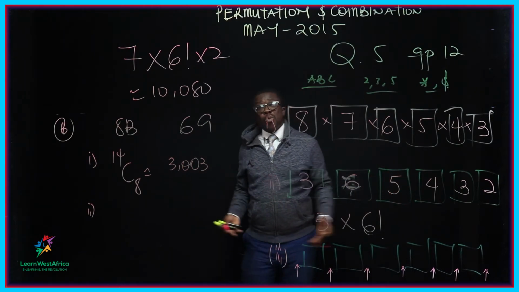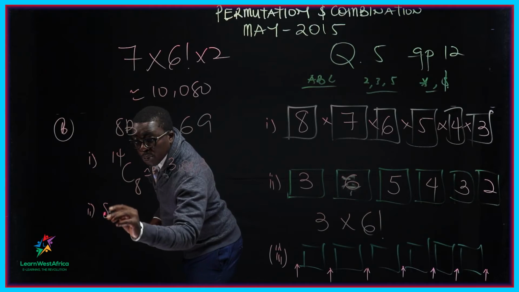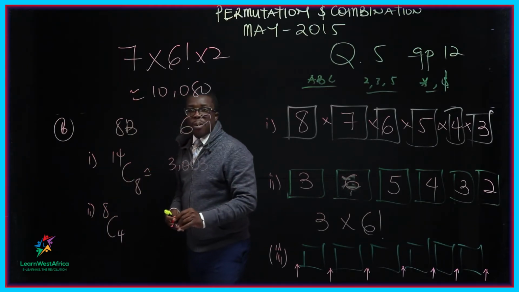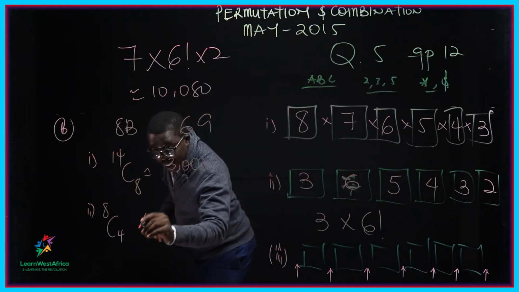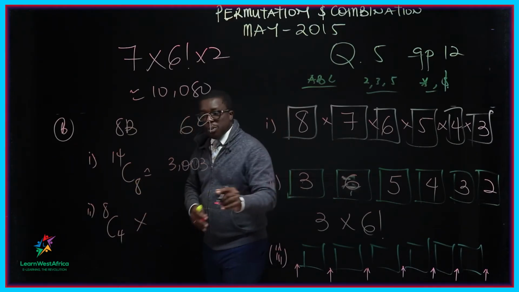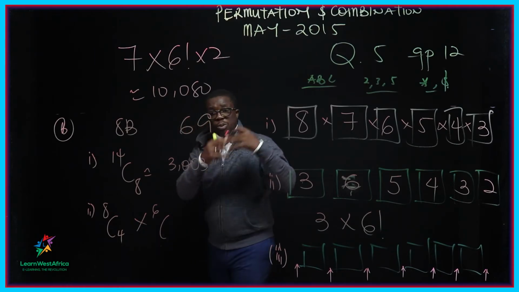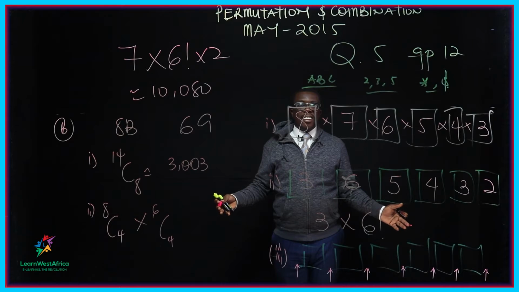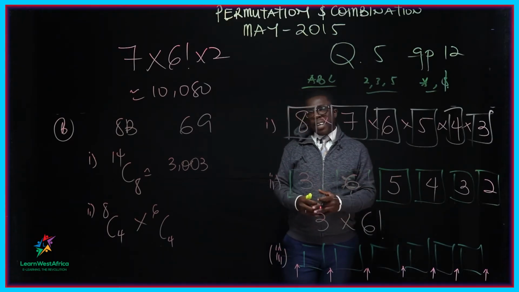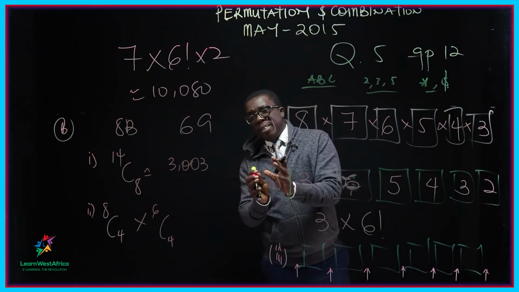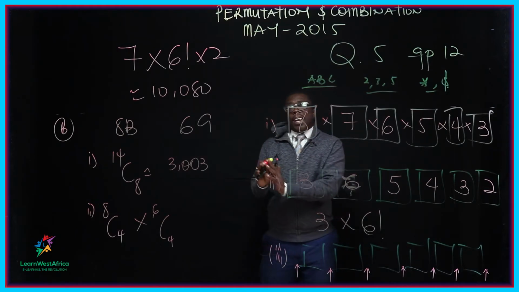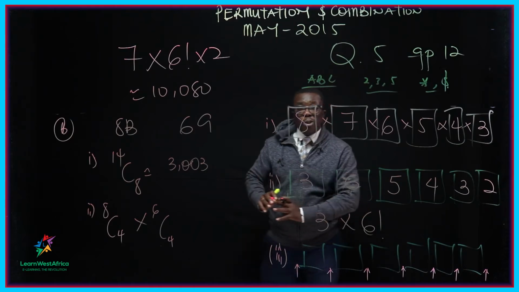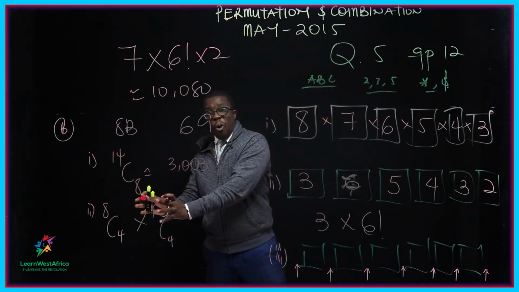Very simple. So what happens? Go to the boys pool, 8, and choose boys. 8 choose 4. Okay? And go to the girls pool, 6, and choose girls. 4. That's it. So the number of ways in which we can make the selection, or we can build a team such that we can have an all-boys team and an all-girls team, is to go to the boys, 8, and choose 4.